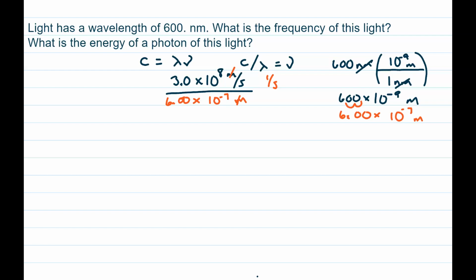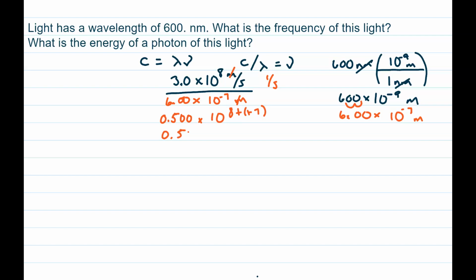So now if I look at this, I've got 3 divided by 6. 3 divided by 6 is equivalent to 0.5 times 10 to the, let's see, I'm going to take 8. Make this a little bigger and easier to read. 8 minus -7. Oh, minus a minus means plus.